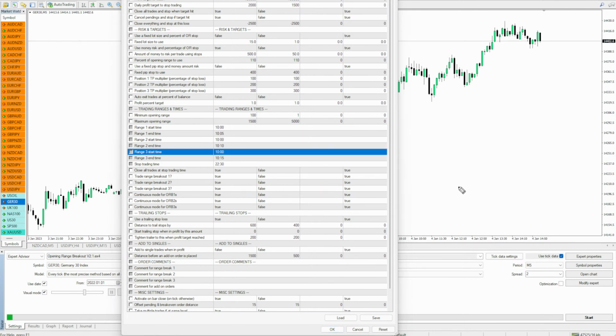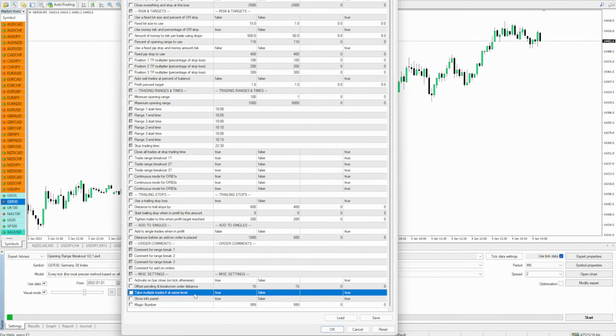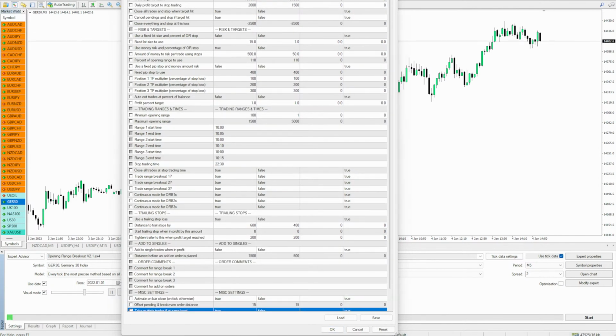The reason for that is because we have a setting down here called take multiple trades if at the same level. And what that does is if you have an opening range 1 like that, an opening range 2 like that, and an opening range 3 like that, all 3 opening range highs are at the same level. And what you can have is this setting down here to take multiple trades at the same level turned off. And what it will do is it will only place one pending order there.